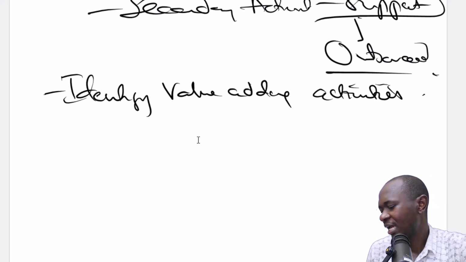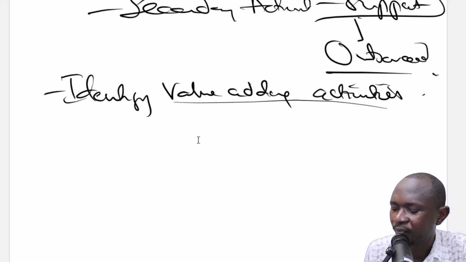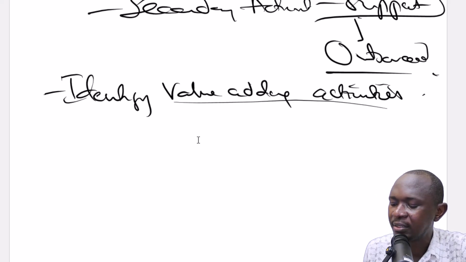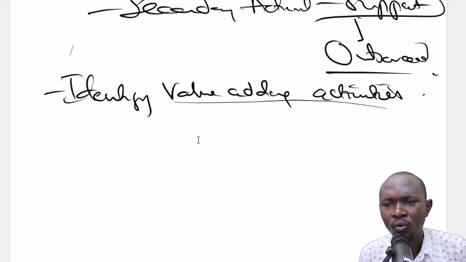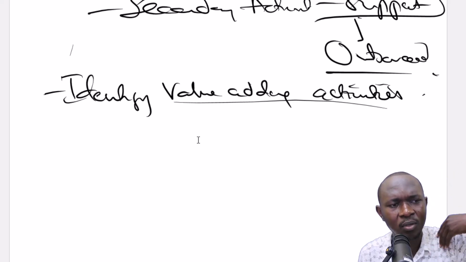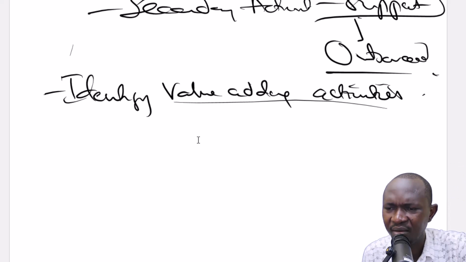So that after identifying value-adding activities, we stick to the primary activities which are core, which you can do better. The ones which are not core can be outsourced to others who can do them better. That's a very important merit of value chain.